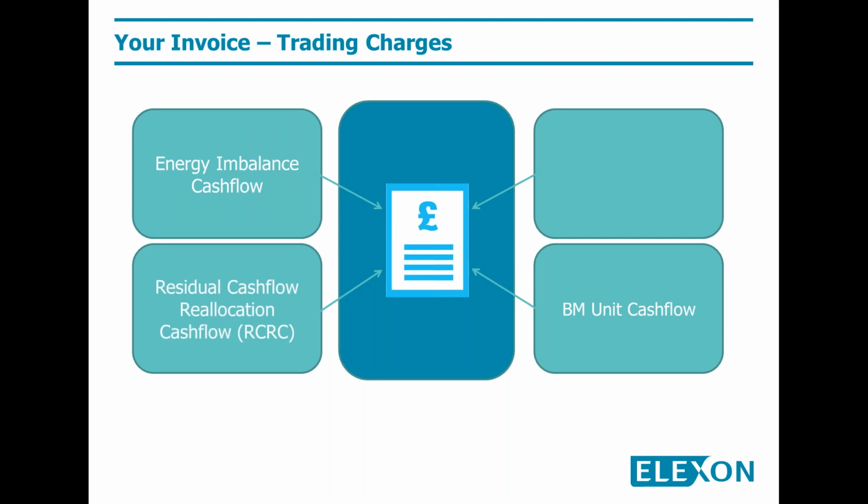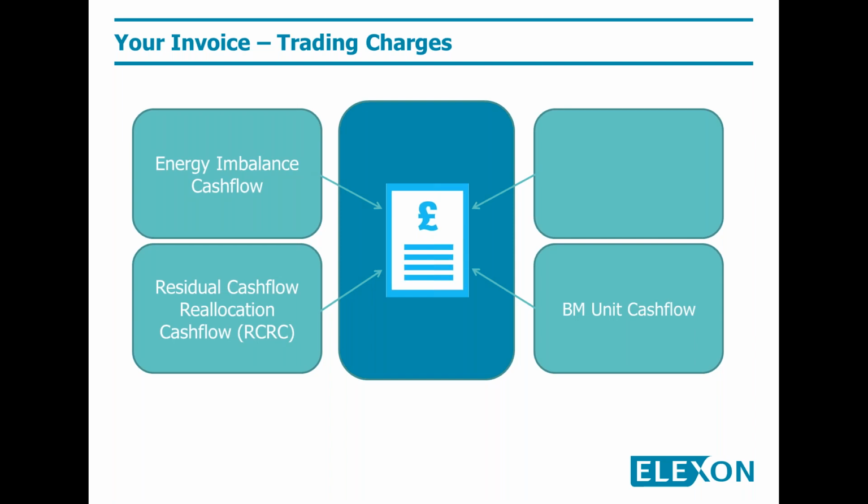You also have something called residual cash flow reallocation cash flow, which is sometimes called RCRC, or otherwise known as the beer fund. Basically, for each settlement period, the actions that National Grid have taken won't net each other off exactly. There will be some residual cash flow left over.